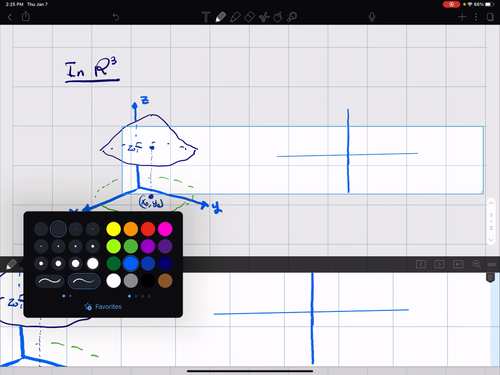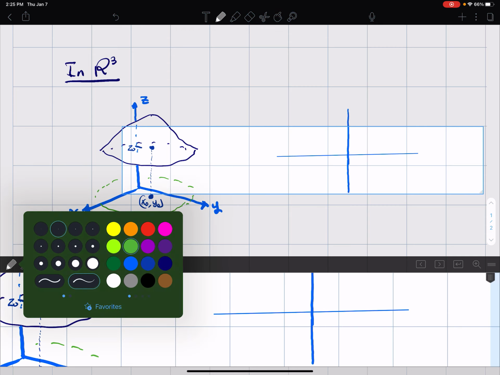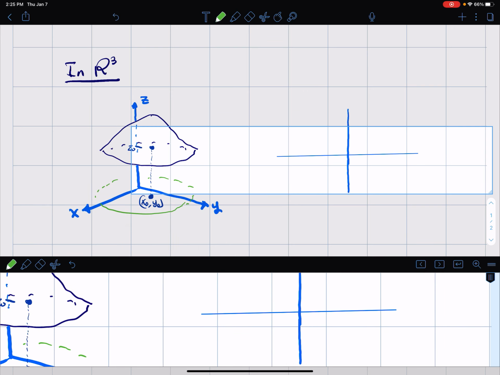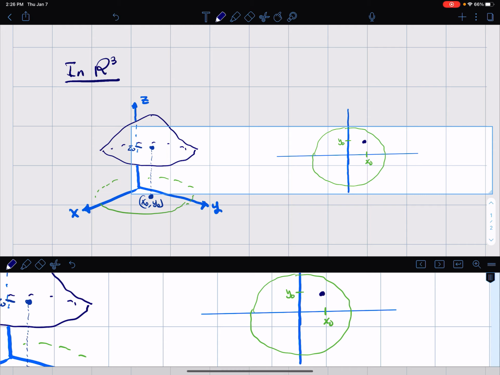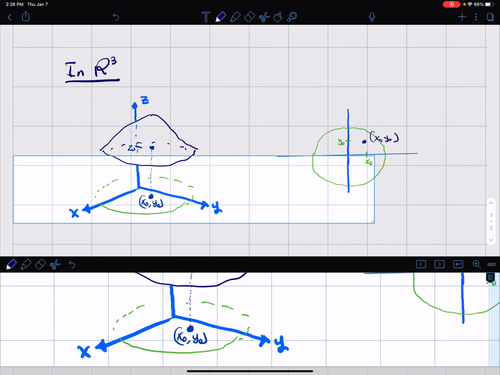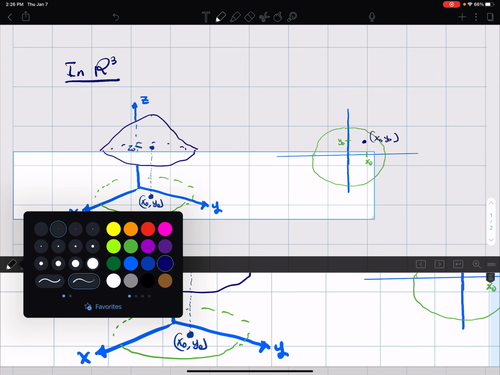All right, okay, so this is our x naught, y naught, and this is the point we're considering, x naught, y naught.